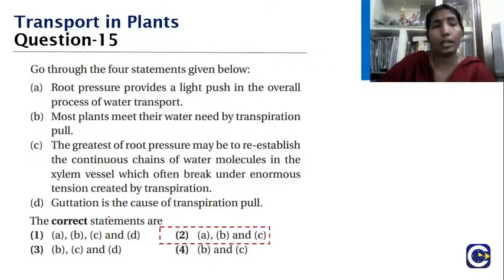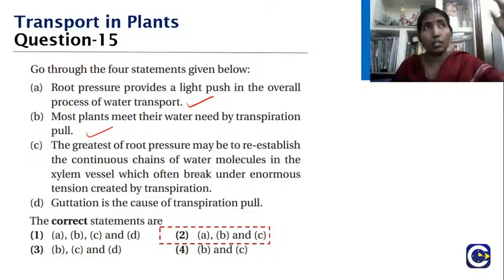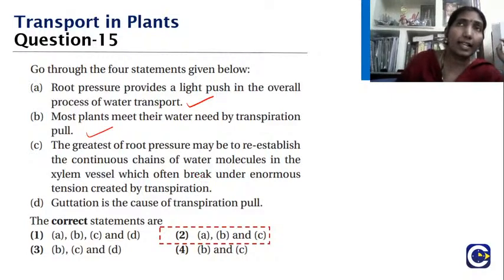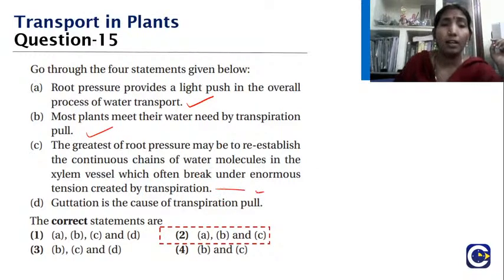Root pressure provides a light push in the overall process of water transport. Yes. Plants meet their water need by the transpiration pull, which we are aware of. And the greatest role of root pressure: the chains of water molecules in the xylem vessel often break under the enormous tension created by transpiration.